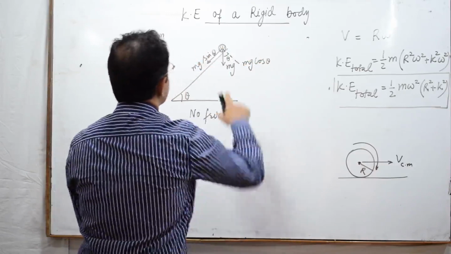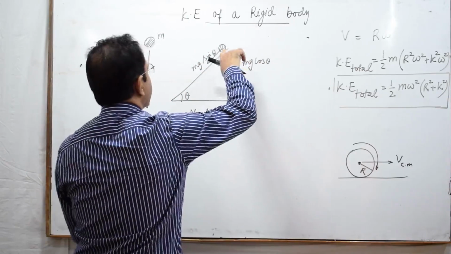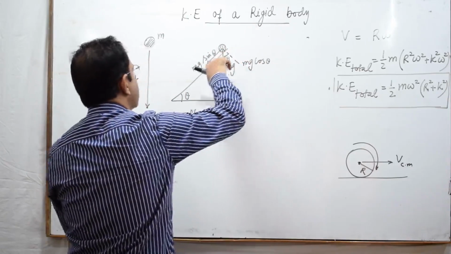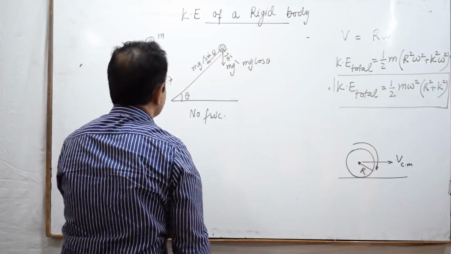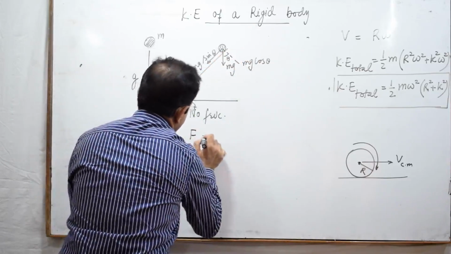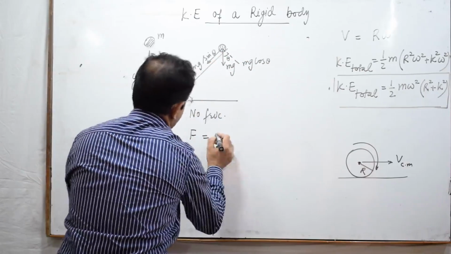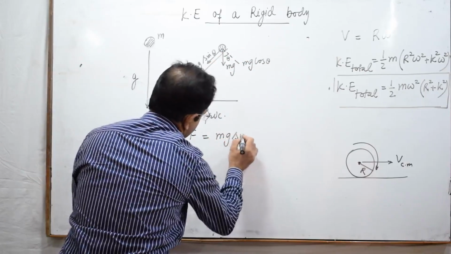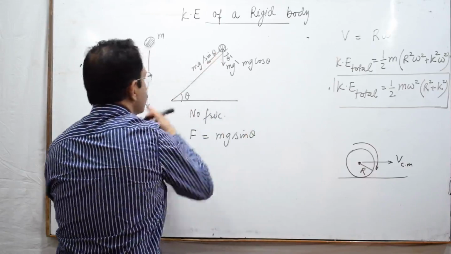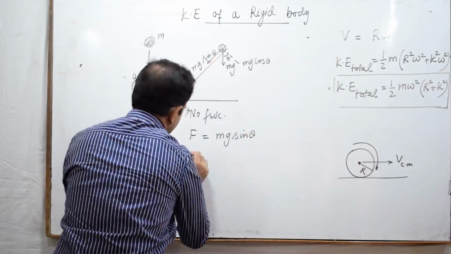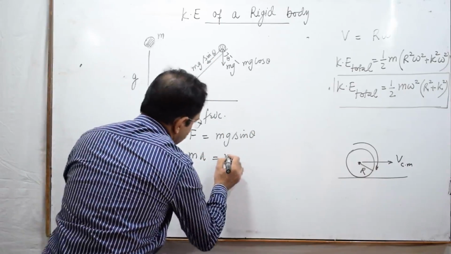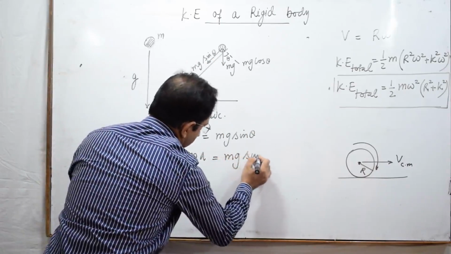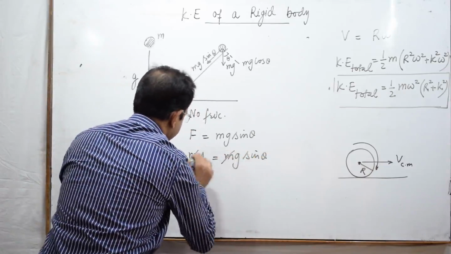You will see that there is no friction. Friction, if present, would have opposed the motion of this ball or this mass downwards. So the only force acting on the body is F equal to mg sin theta, which is trying to cause the motion downwards. If I write F equal to ma, where a is the acceleration of the body, equal to mg sin theta, m and m get cancelled.